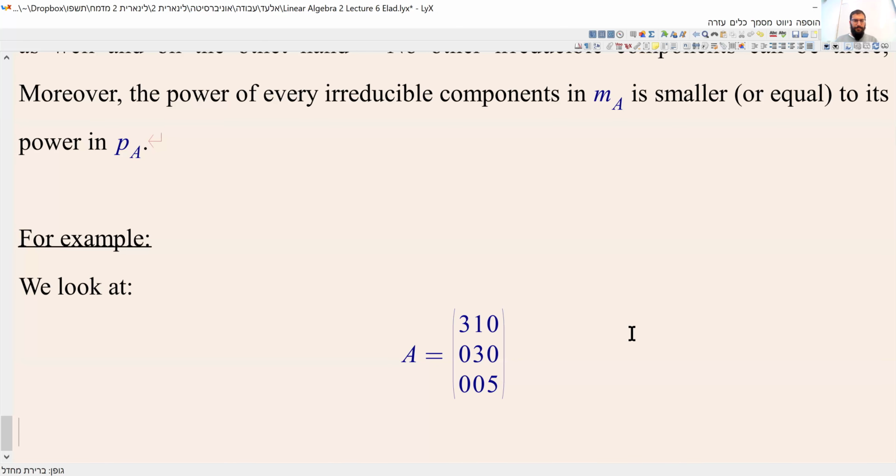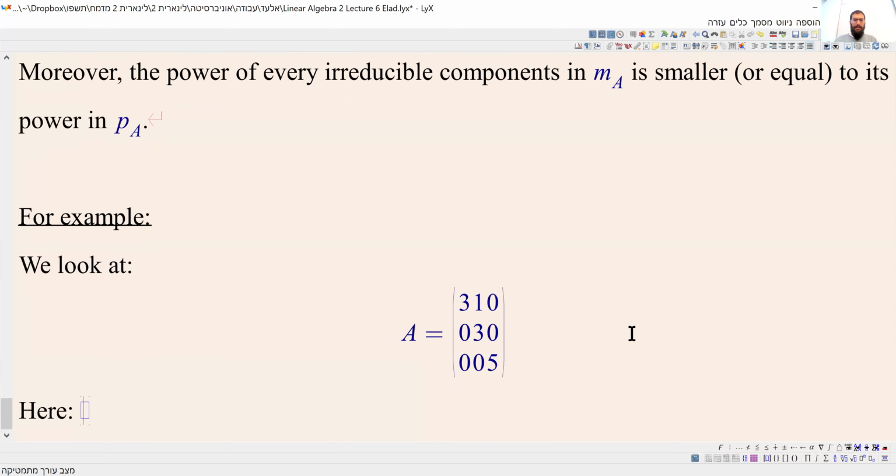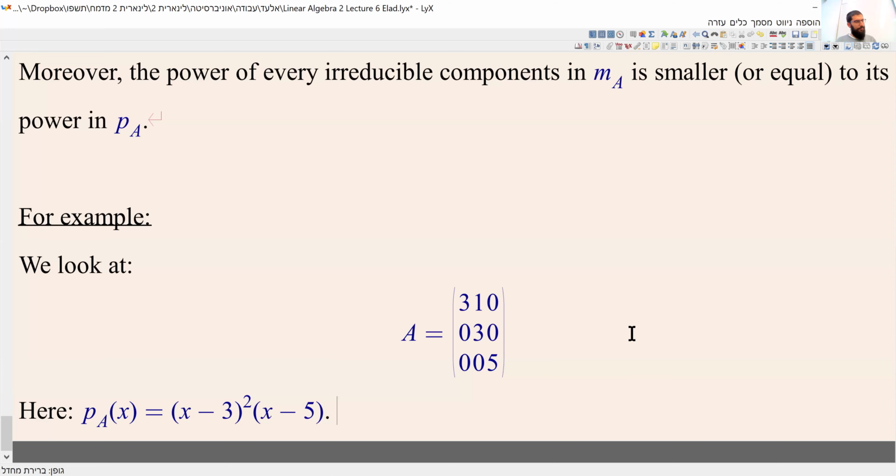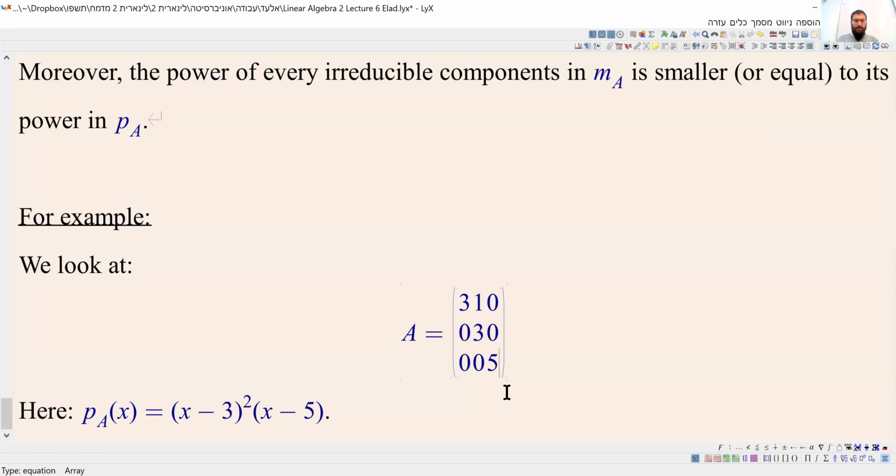Now, here it's a triangular matrix. The characteristic polynomial is easily found. It is (x minus 3) to the power of 2 multiplied by (x minus 5). Okay? You know what, let's put 3.